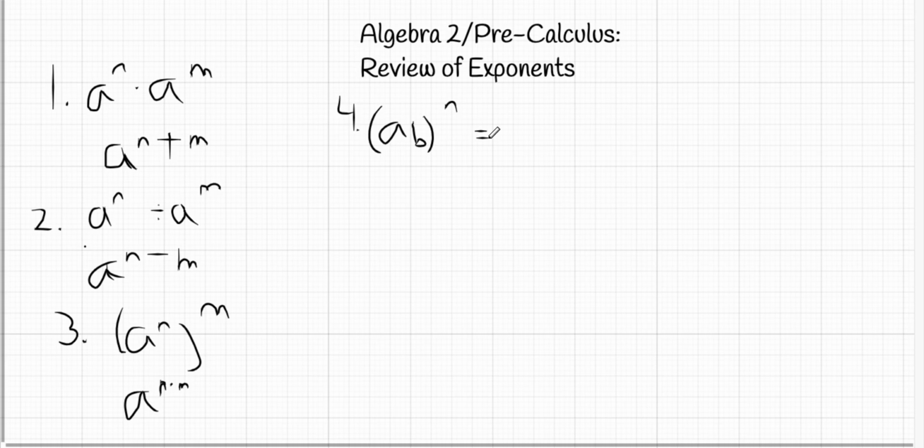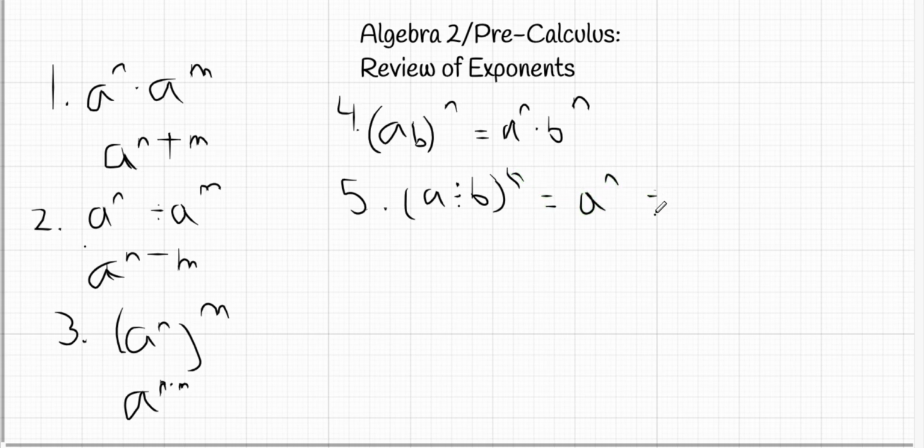Well, you can just distribute the power and you'll get a to the power of n times b to the power of n. As you may guess, we would be doing a divided by b to the power of n, and as you may guess, it would be a to the power of n divided by b to the power of n.